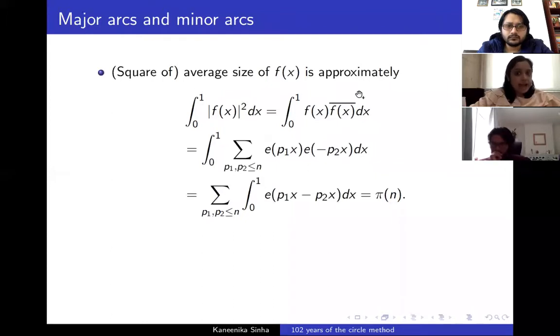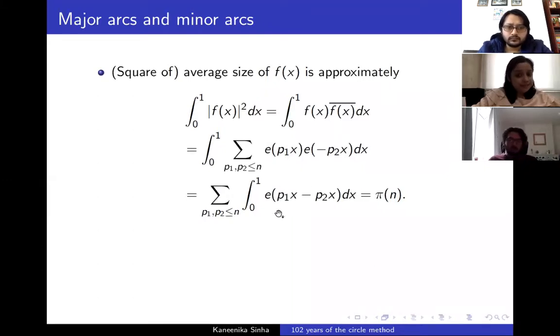Again we bring the summation out and take the integral inside. So you are summing over all the prime pairs p1 and p2 of the integral over 0 to 1 of e of (p1 minus p2) x dx.